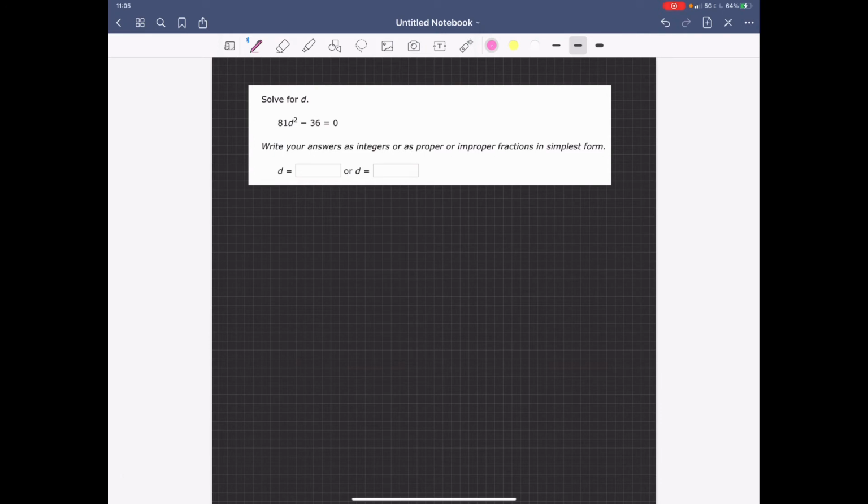Okay, here's another equation. It says solve for d. I have 81d squared minus 36 equals 0. And I want integers or proper fractions in the simplest form. So again, we use PEMDAS and we go in the opposite direction. I say 81d squared minus 36 equals 0.